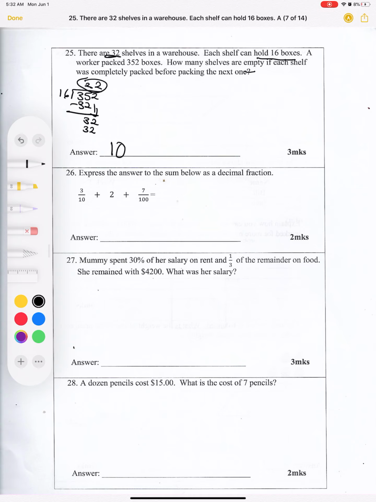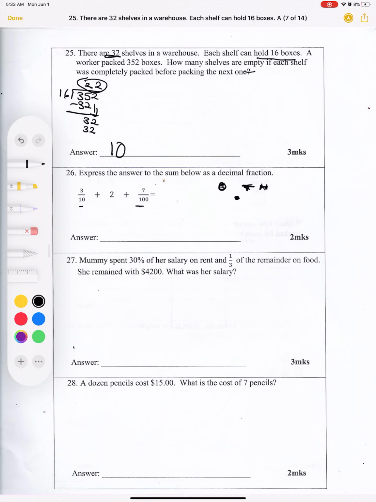Express the answer to the sum below as a decimal fraction. Easy. Let's set up a place value matrix. We know we have tenths and we have hundredths, so we have digits after the point. So, ones, point, tenths, hundredths.